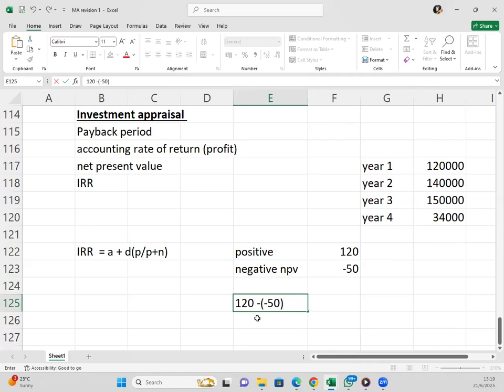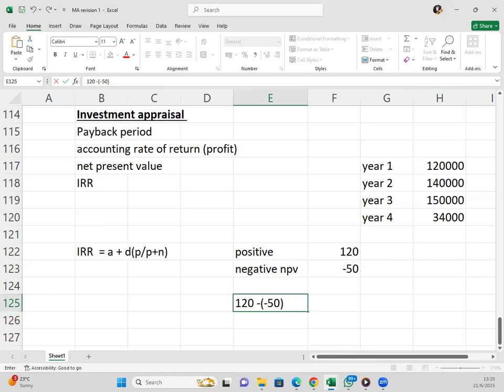So if you say minus in maths, it becomes positive. So the short way of doing it, you just add the positive and the negative NPV, ignoring the negative sign. So IRR is the rate giving us a positive NPV plus the difference in rates, then the positive NPV on top, and below you say the positive plus the negative NPV.